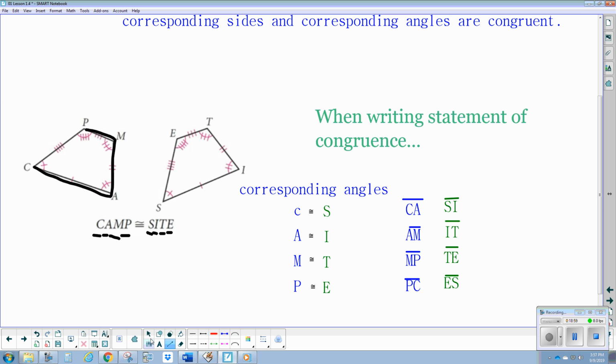Now, in order to determine whether or not they're congruent, we have to look at our polygon. Let's look at how it's marked. CA has one tick mark, and SI has one tick mark. That means that it is congruent. AM has two tick marks right here, and IT has two tick marks. That means it's congruent.